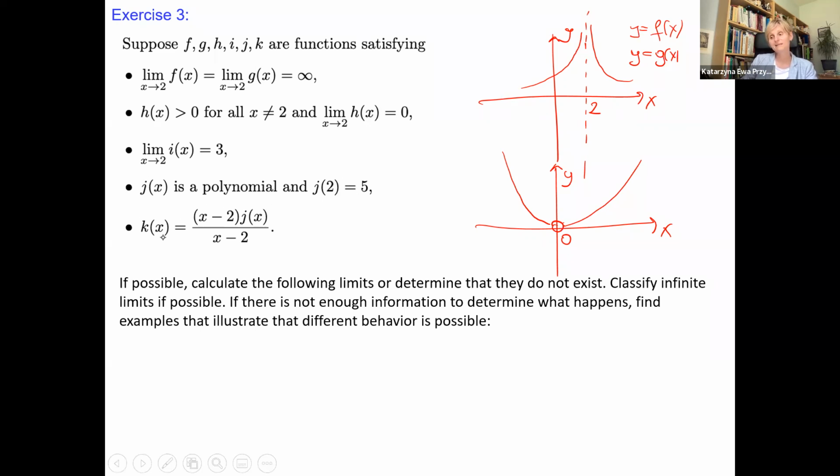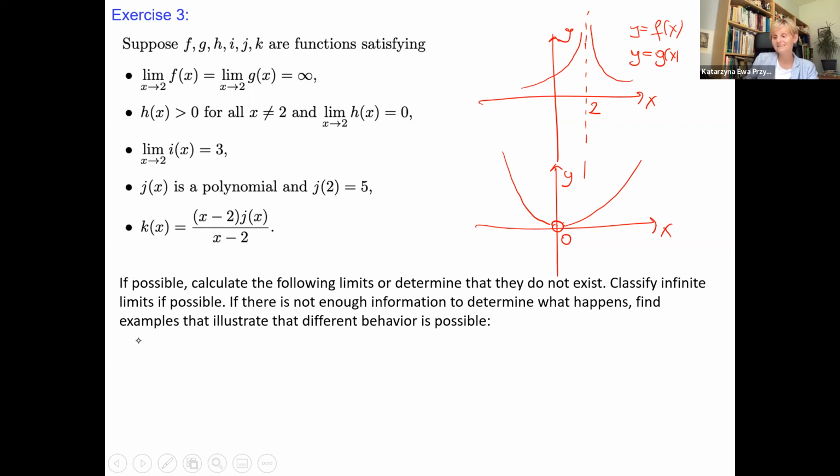Okay. And now we have function k of x, which is defined as x minus 2 times j of x over x minus 2. That means function k of x is almost the same as j of x, but we do have a small requirement.